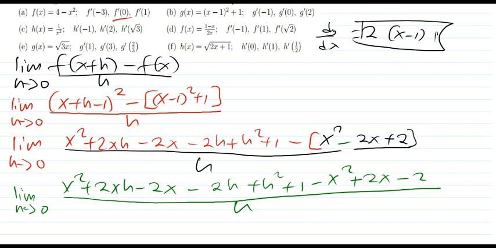Let's see what we can cancel. X squared can go. What else? 2x can go. What else can we see?